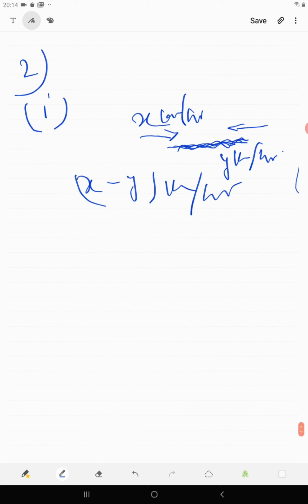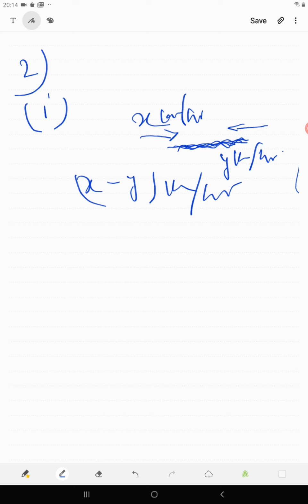So if the river is in one direction and the boat is in the other, whichever is the highest velocity, from that the other will be subtracted. So if the boat velocity is really more, then only we can move. So the relative speed upstream is x minus y kilometer per hour.